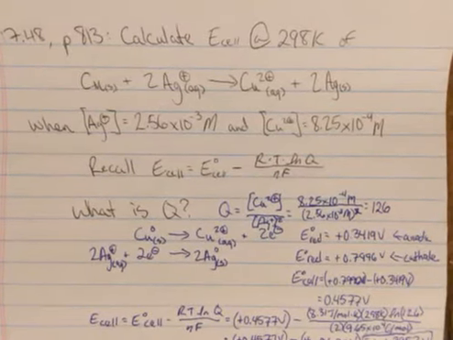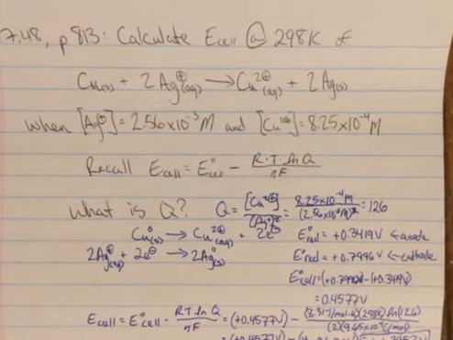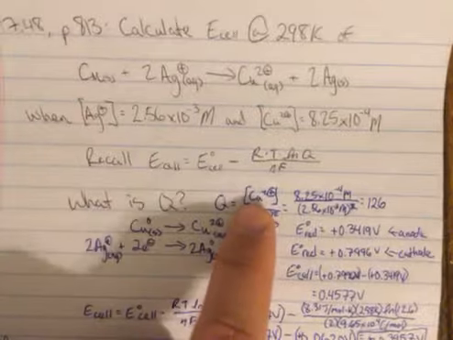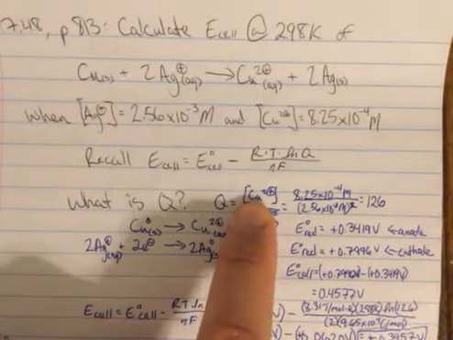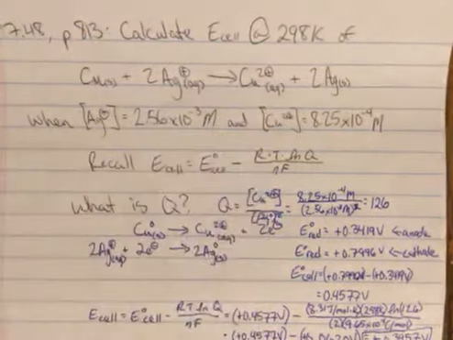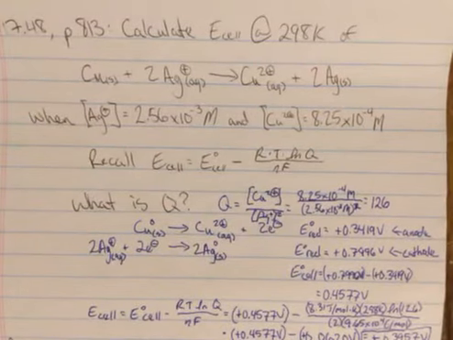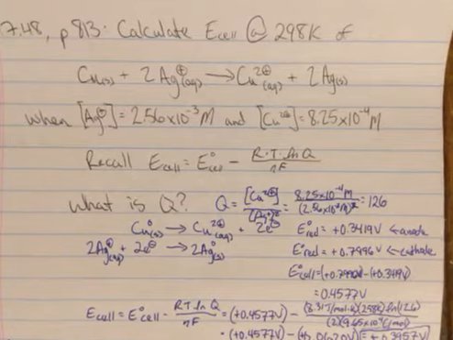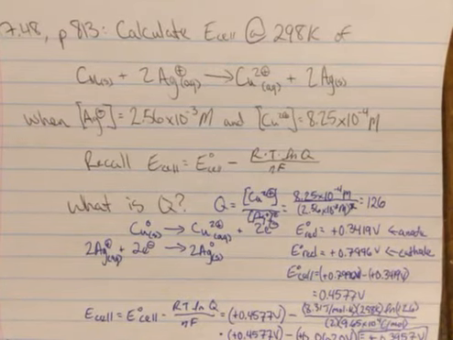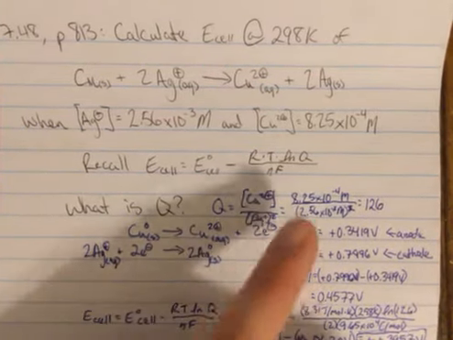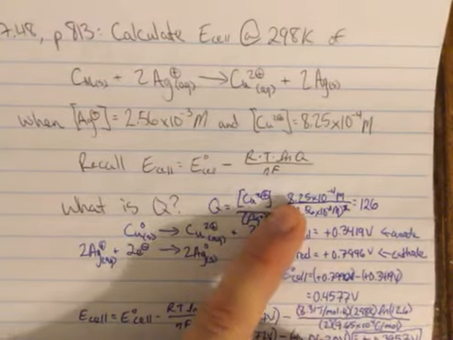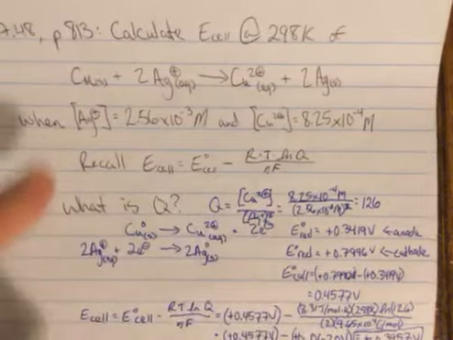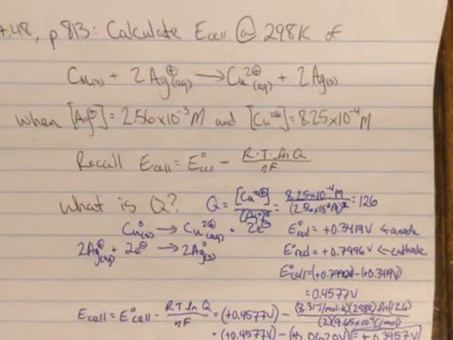Alrighty, so a little to unpack here. So what is Q? Q is equal to our product, which is Cu2 plus. Right, so in other words, what's going to remain in solution? Remember that solids don't count in the actual quotient, so that concentration is going to remain on top, and on the bottom you're going to have Ag, but remember it's going to be squared because you have a 2 coefficient in the front.